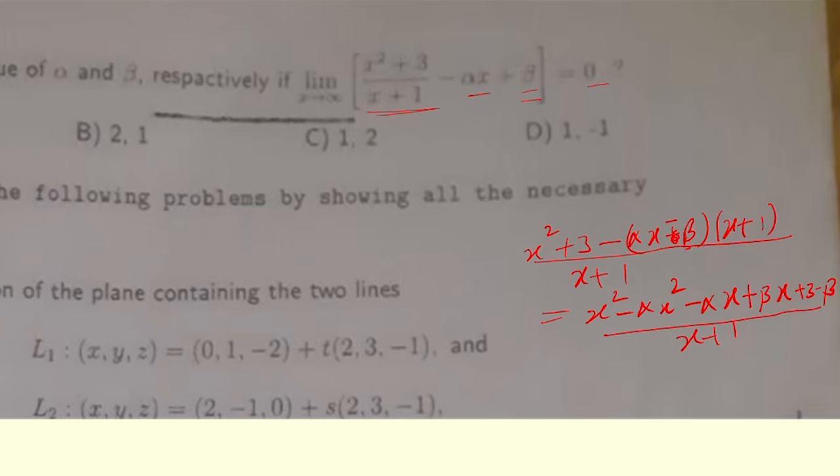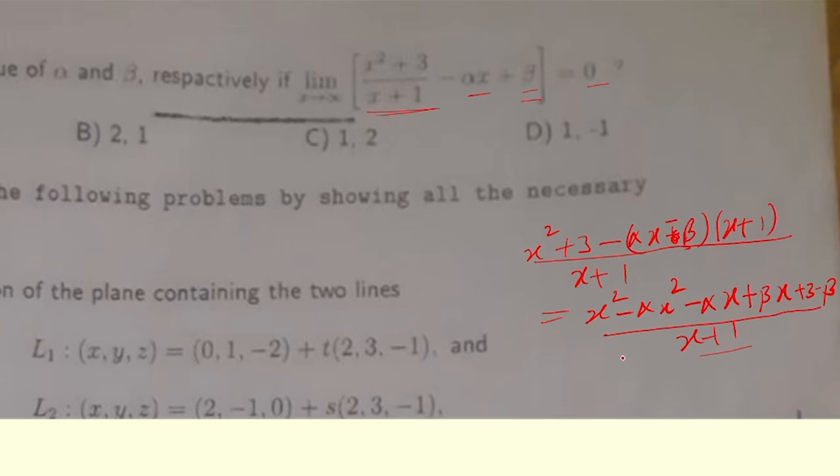Now, for the limit of a rational function to exist, the numerator degree should be less than or equal to the denominator degree. If the limit is 0, the denominator degree should be greater than the degree of the numerator. Here the degree of the denominator is 1. So we have x squared.